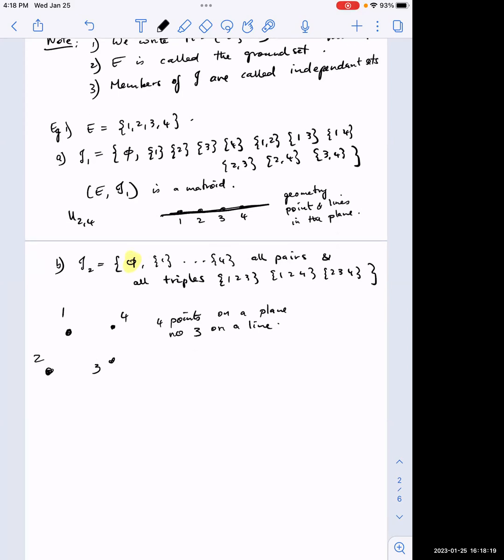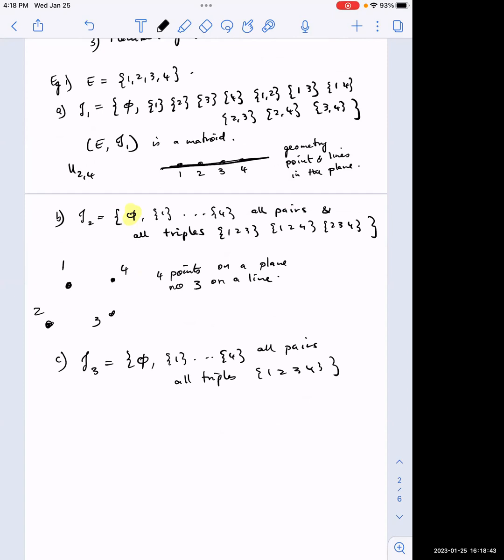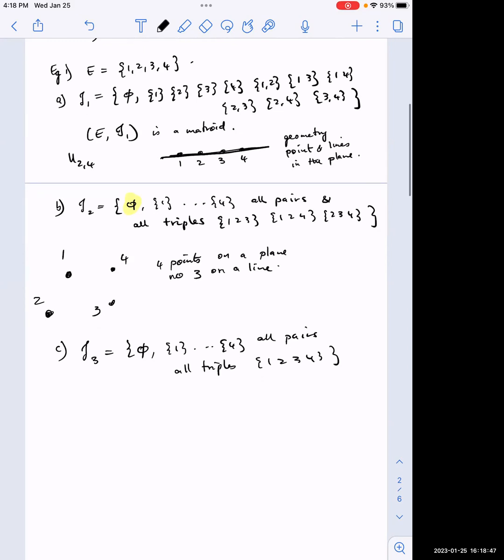And then, of course, we have the whole thing: the empty set, the singletons, all pairs, all triples, and 1, 2, 3, 4 also. So this is actually a family. It's called uniform matroids.